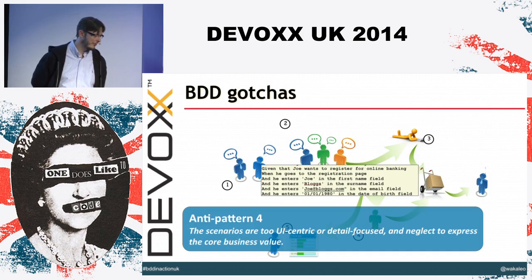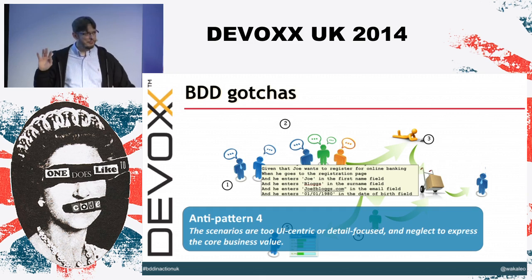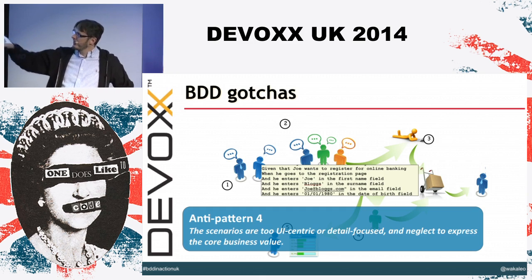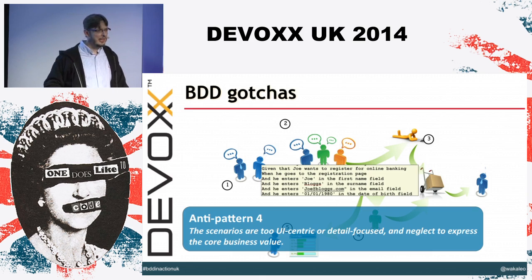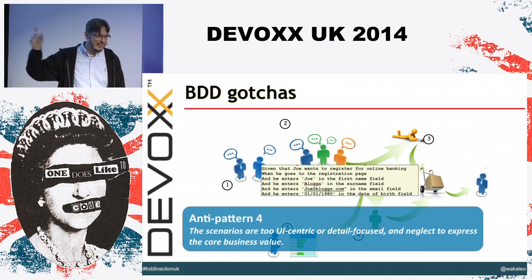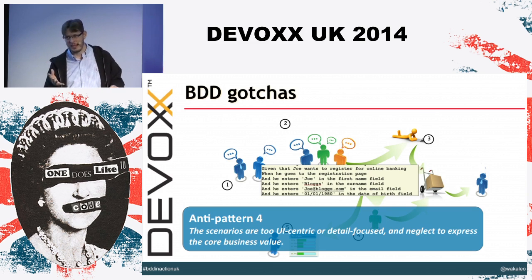And my personal favourite, I've seen whole sprints fail because of this one. You get scenarios like this. Anyone seen scenarios along these lines in your own work? You get scenarios which are way too UI-centric because they're coming from a tester's perspective.